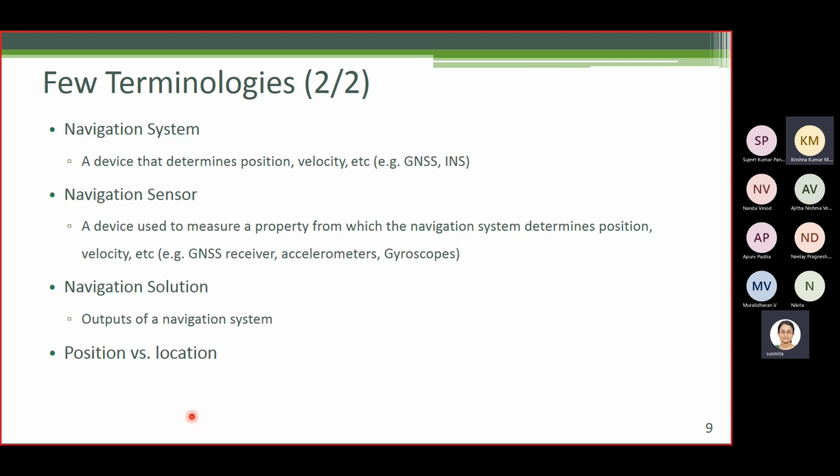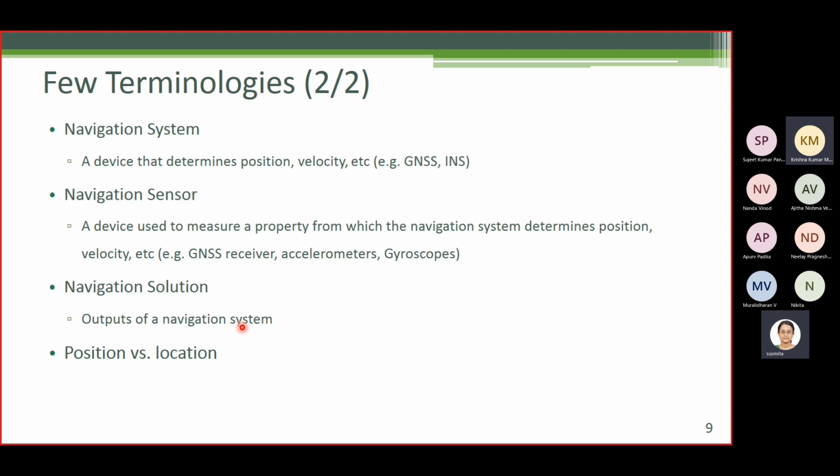In your cell phone, you have a small chip as a receiver, and that is called the sensor. In case of inertial navigation systems, we have accelerometers and gyroscopes. Those are sensors that make measurements, and then these measurements are processed by algorithms to give the navigation solution. Outputs of a navigation system are called navigation solutions. Outputs could be position, velocity (linear and angular), acceleration, and attitude.